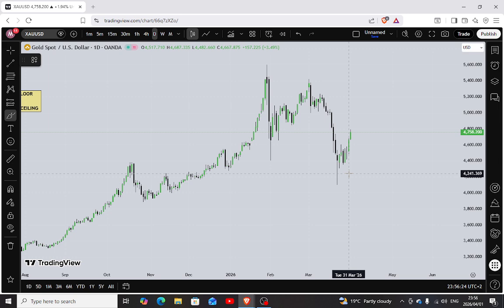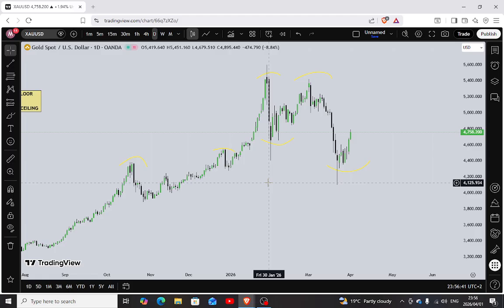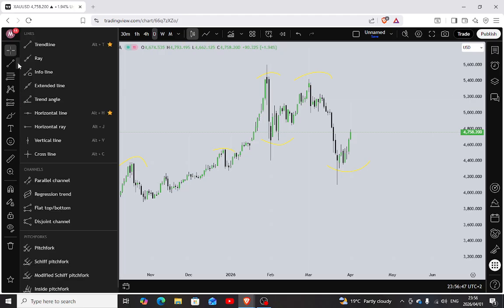For now, we want to focus on these swing points: your swing low and your swing high. So we just want support and resistance areas at that point.